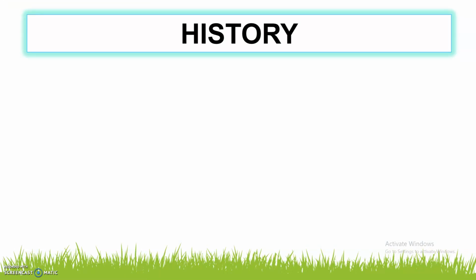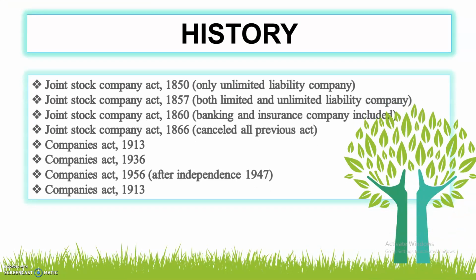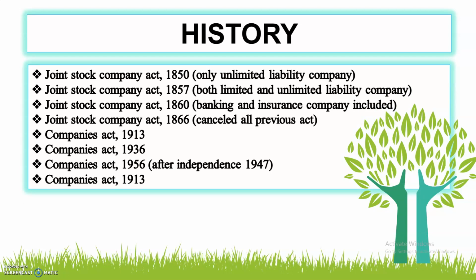Now on your screen you can see the history of the Companies Act 2013. In 1850, the name of the Companies Act was Joint Stock Companies Act. This particular act was only applied to unlimited liability companies.